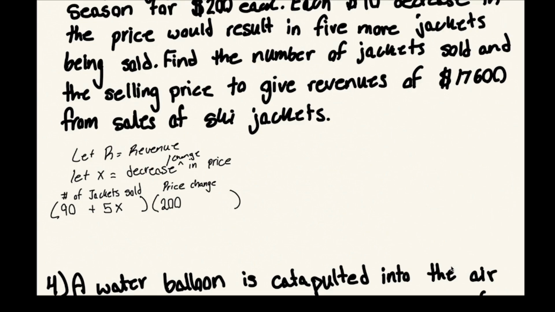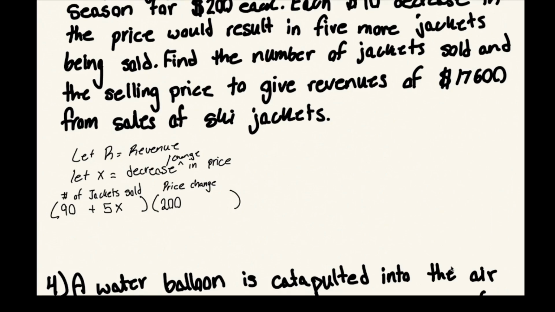If it's going down one time, they're going to add 5 more jackets. But if the price goes down twice as much, it's going to be 10 jackets, because x will be 2. If it goes $30 down, then they're going to get 15 more jackets sold.